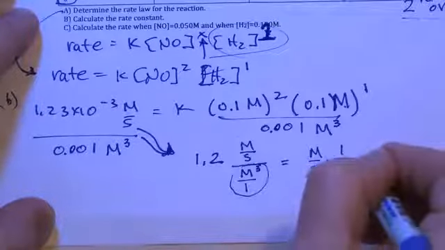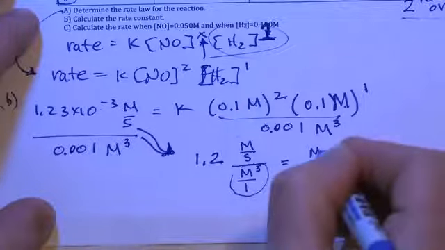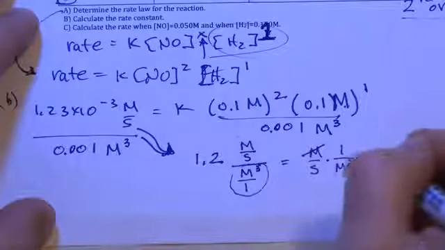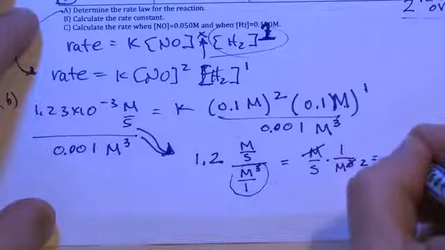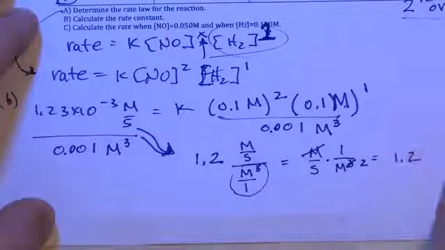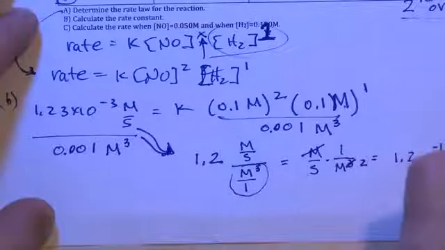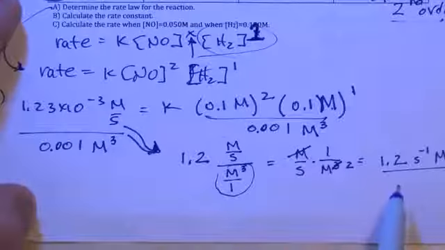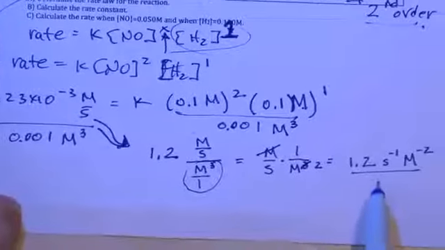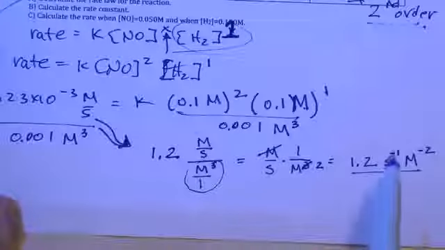Okay, one of these goes away, and I end up with molarity squared, and this goes away. So I end up with units of 1.2 seconds to the -1, molarity to the -2. That's my units and magnitude of my rate constant.